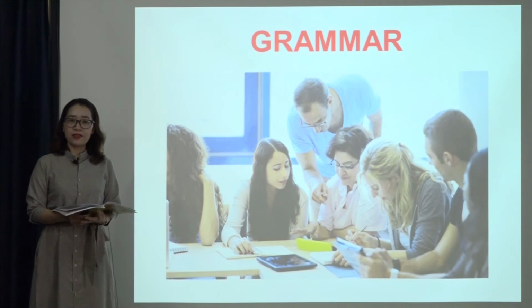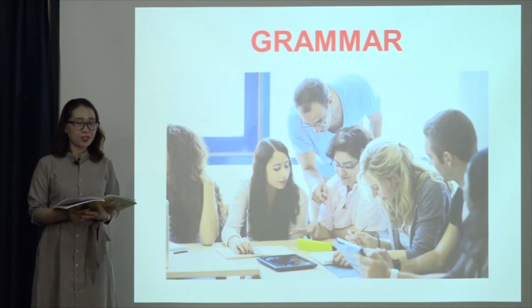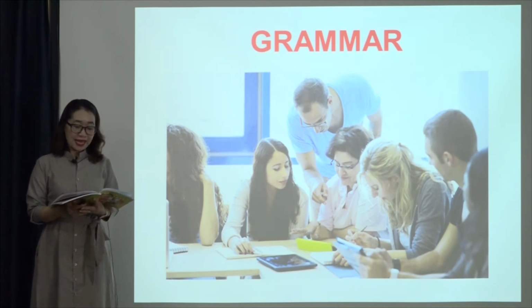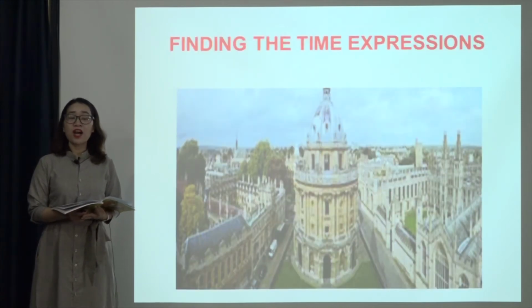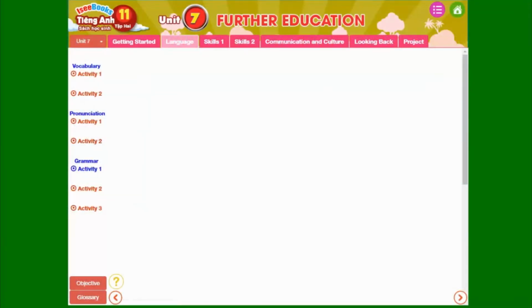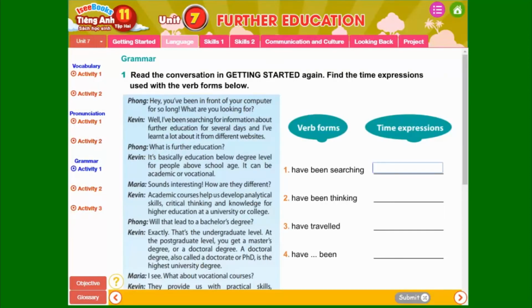Now we continue. The third main part of language today is grammar, and today we come to first one, finding the time expressions. Grammar. 1. Read the conversation in getting started again. Find the time expressions used with the verb forms below. Now we have the verb forms have been searching, and time expression is for several days.